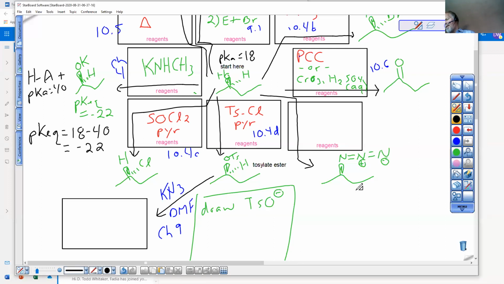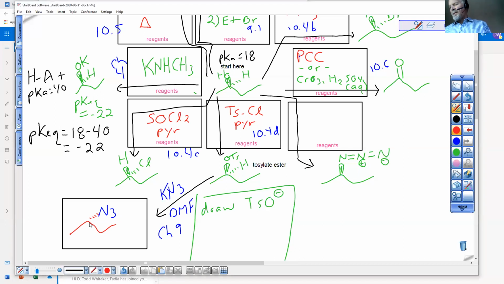You're going to get its complementary stereoisomer, aren't you? Backside attack is going to put the azide on a dash. So here your N3 will be here. This is what the N3 looks like over here.